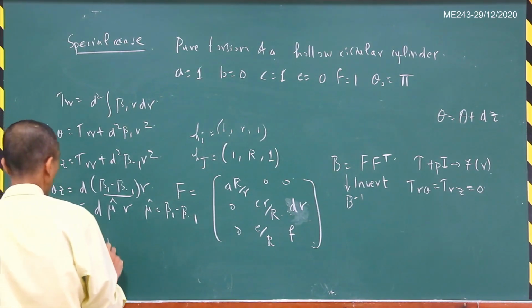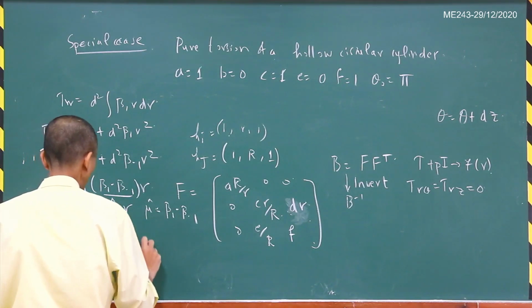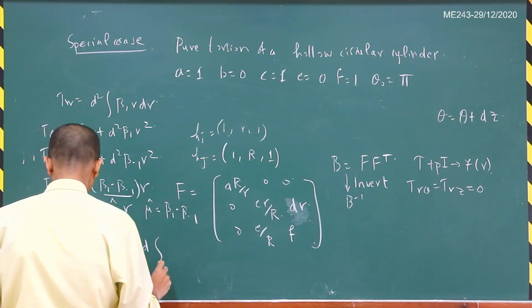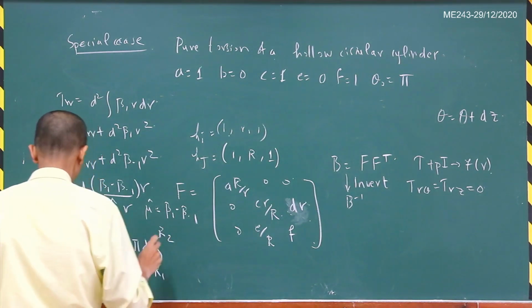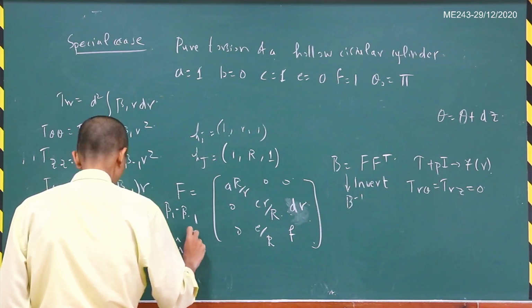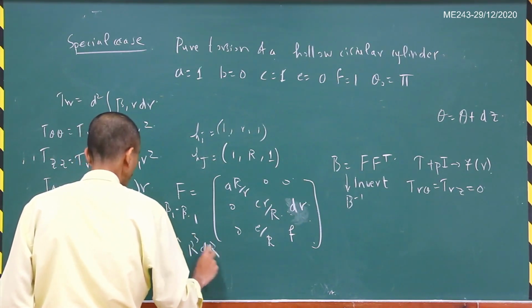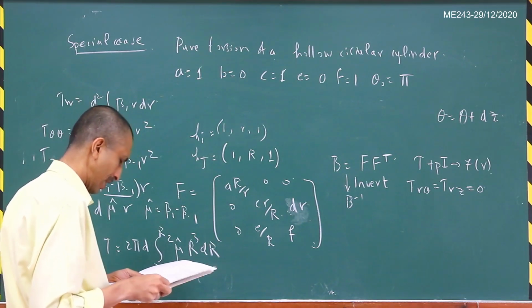So that torque now, T, is equal to 2 pi times d times the integral from r1 to r2 of mu hat times r cubed dr. Okay, so this is the expression for the torque.